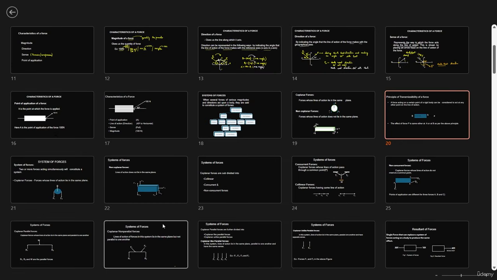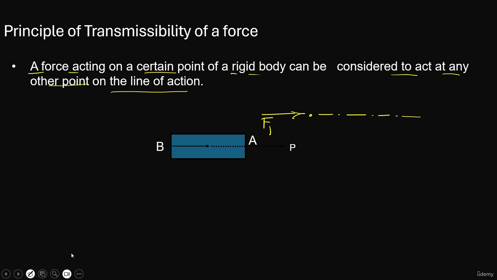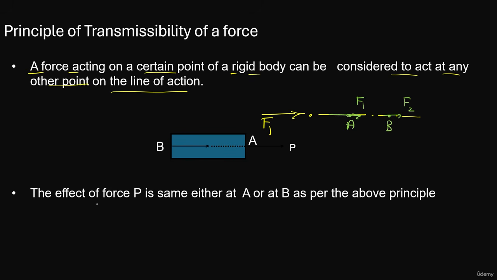This F1 could be picked and placed at any point on this line, let's say point A or B. I can place it at either point A or point B, and it would be acceptable. This is what the principle of transmissibility of force states: how the force can be transferred from one point to another. Here the effect of force P is the same whether it acts at point A or B or any other point on this line.